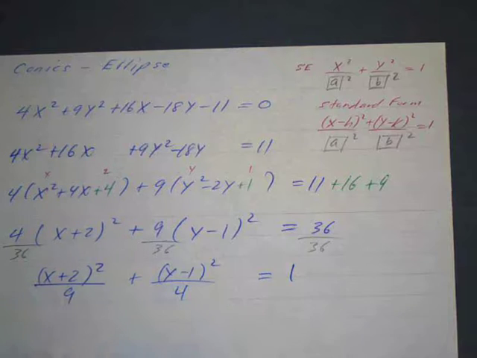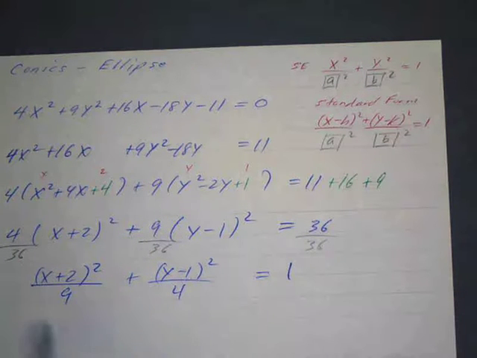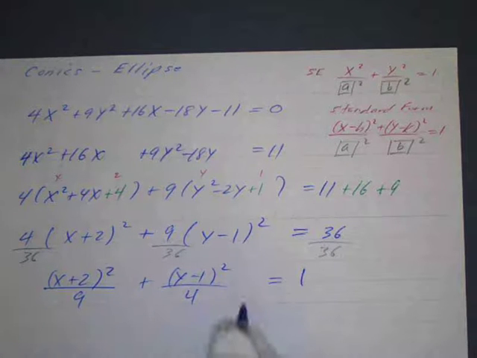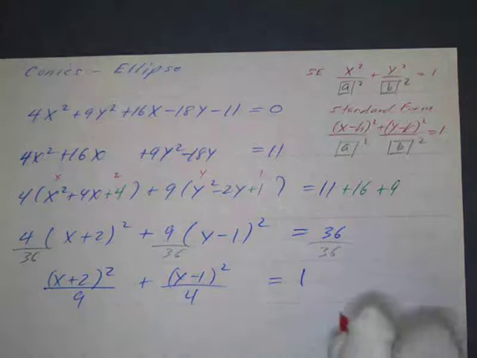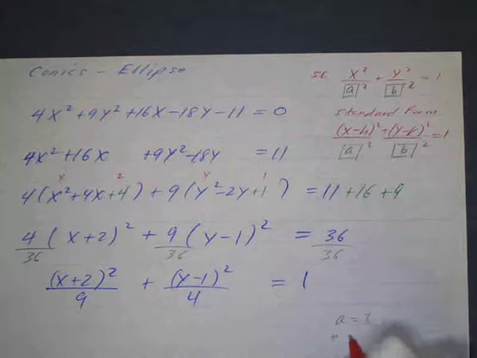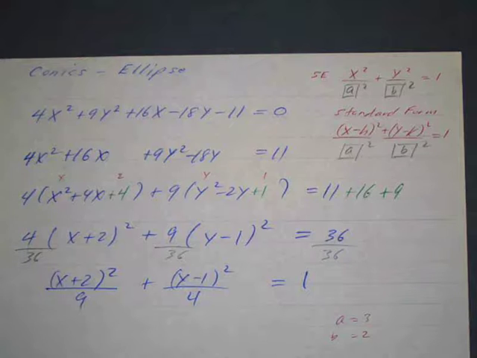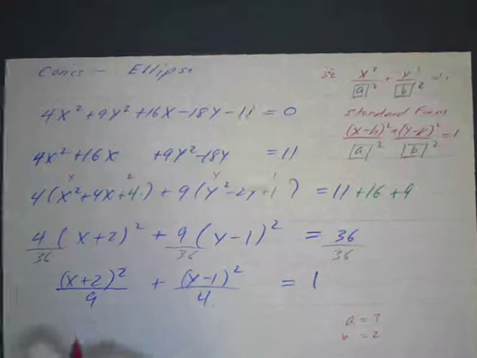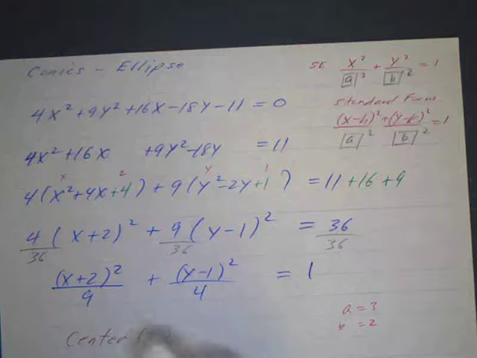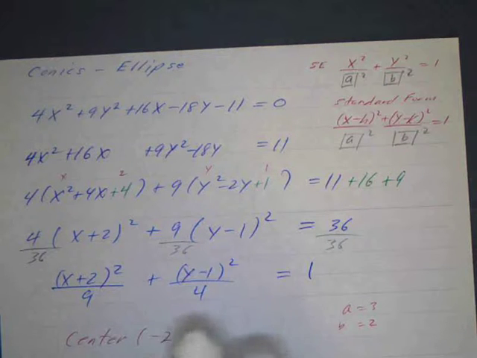So the larger number is under the x. So that's going to be my major axis, the horizontal axis. Okay? So this is my standard form, and we can see that a is going to be 3, and b will be 2. And my center is going to be the point -2, 1.